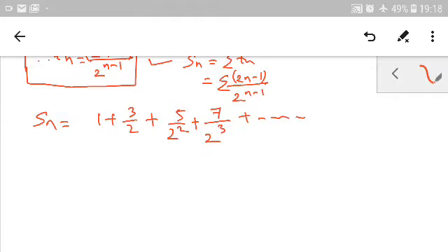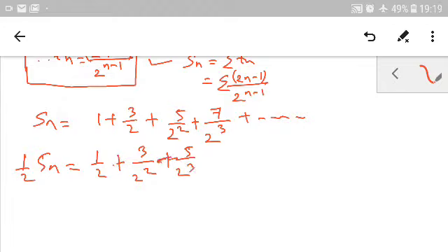Now you can easily see here, if I multiply by 1 by 2, half of Sn, the first term will be 1 by 2, plus second term 3 by 2 square, plus third term 5 by 2 cube, plus the next term 7 divided by 2 to the power 4, and it goes like this.